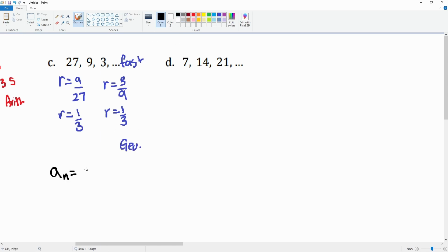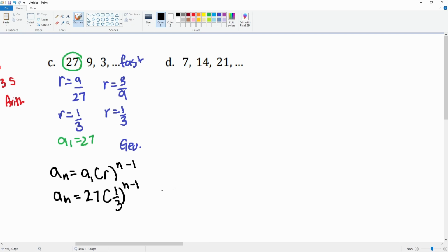An is equal to a1 parentheses r to the power of n minus 1. We just need the a1 term right here. a1 is equal to 27. Now we just plug it in. An is equal to 27 parentheses 1/3 to the power of n minus 1.